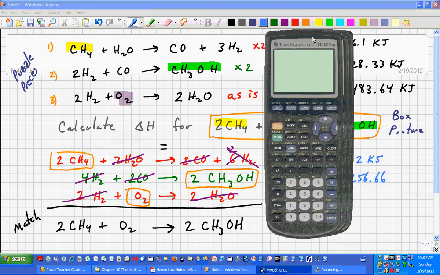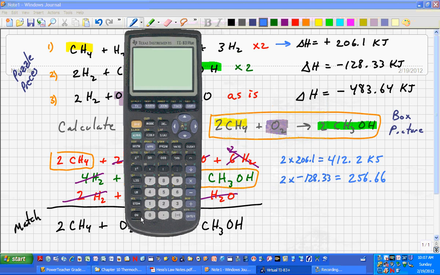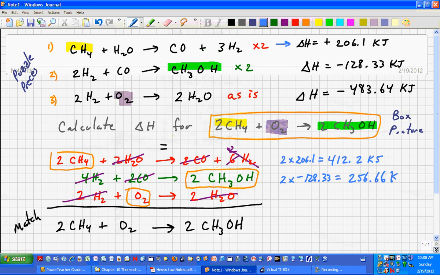You know what? I'm going to double check that because I'm doing this in my head. I got 2 times a negative 128.33, negative 256.66. Yeah, that's right. Okay. And that's kilojoules. And then the last one I'm using as is. So I'm just going to write down negative 483.64 kilojoules.